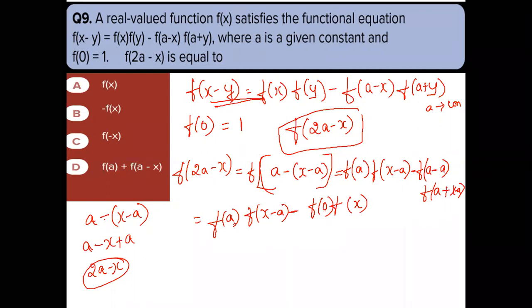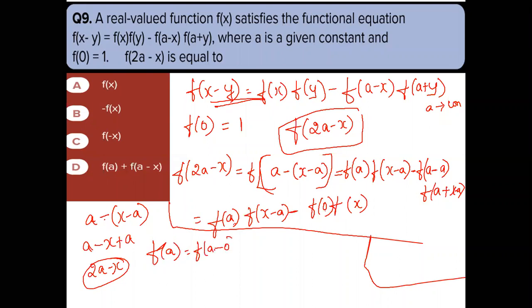We don't know the value of f of a, nor do we know the value of f of x minus a. So first we'll find what is f of a. Can I write f of a as f of a minus 0? Correct? A minus 0 is a. Now I'll apply the same formula, where x is equal to a and y is equal to 0.